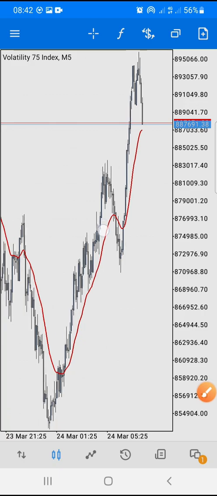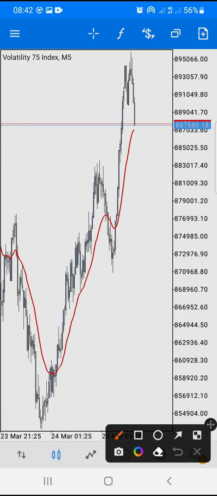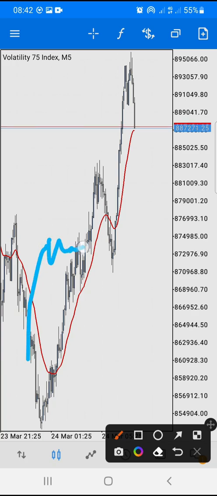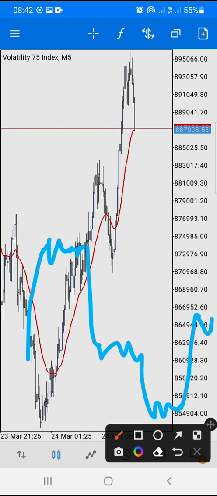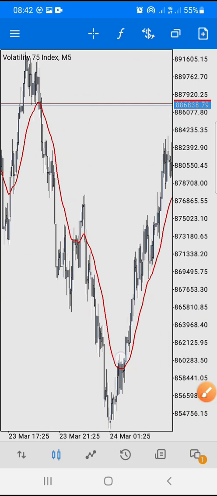The correction depends on what it really is. Sometimes it makes an impulse, then a correction that confirms that this is going to go down. It moves the way it should move.